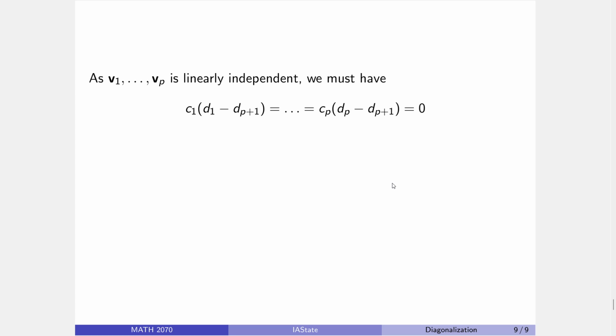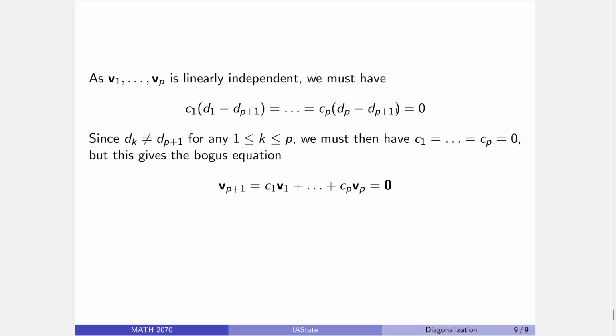All right, but that's going to mean that these things right here are all non-zero, right? All of these are non-zero because the eigenvalues I have are different from each other. So when I get to the p plus 1, it's different than all of the prior ones. So the only way I have zeros for all of these numbers here is if the scalars c1 to cp are 0.